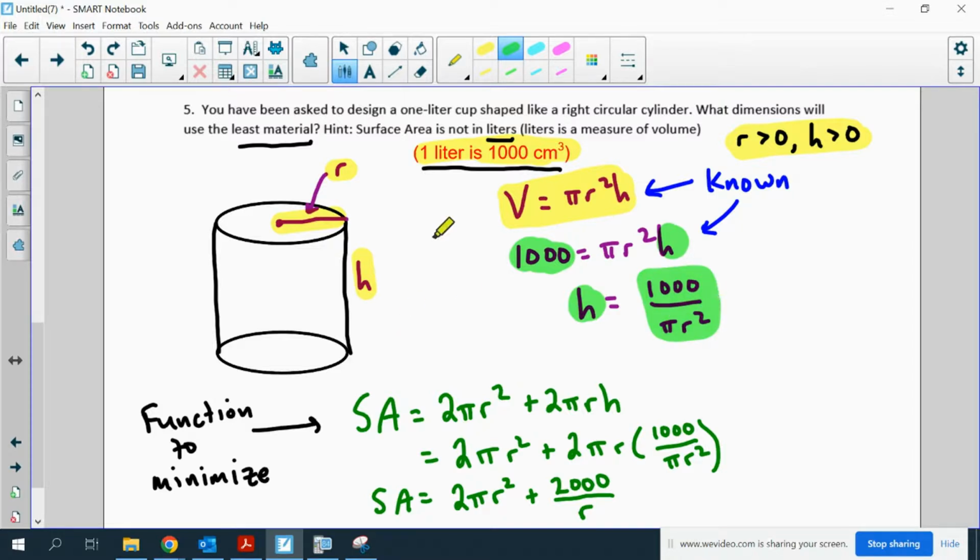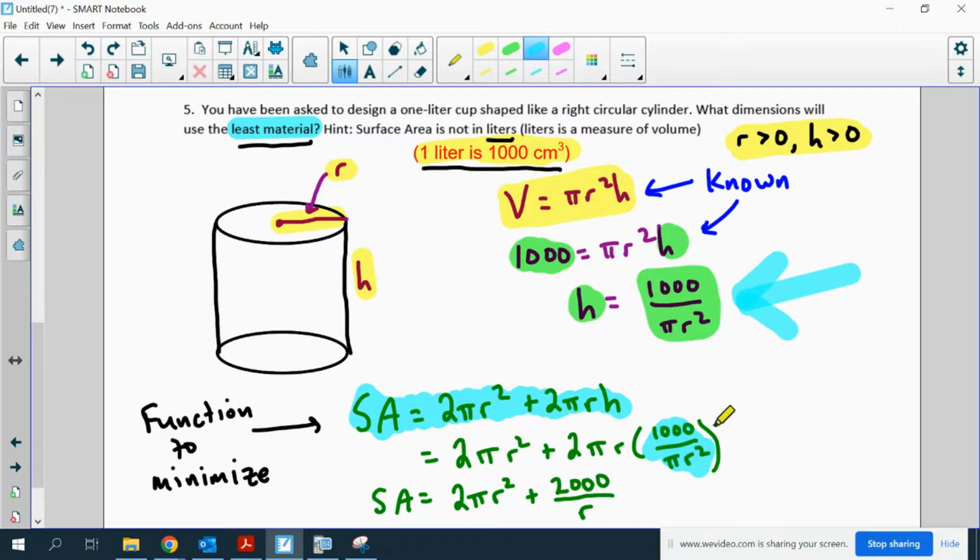Now that's beneficial because I also know the surface area formula, and that is the function that I have to minimize, since the problem asks me to give a minimum. I can then replace h with 1,000 divided by pi r squared.